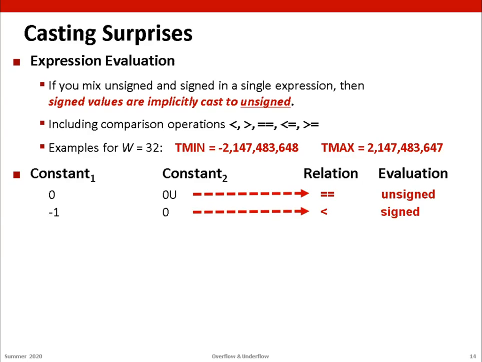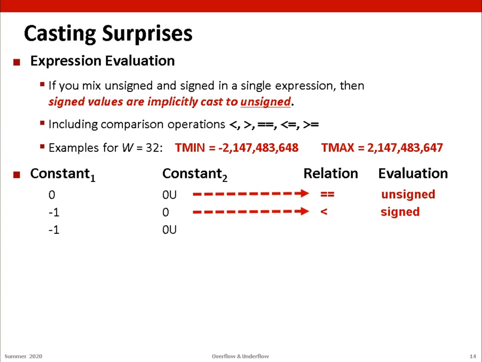Now it would be really interesting if we instead compare the -1 with an unsigned 0. Now the compiler will reinterpret the -1 as an unsigned value. Well, all ones reinterpreted as an unsigned value is a huge number, because we lost that negative weight of the most significant bit.